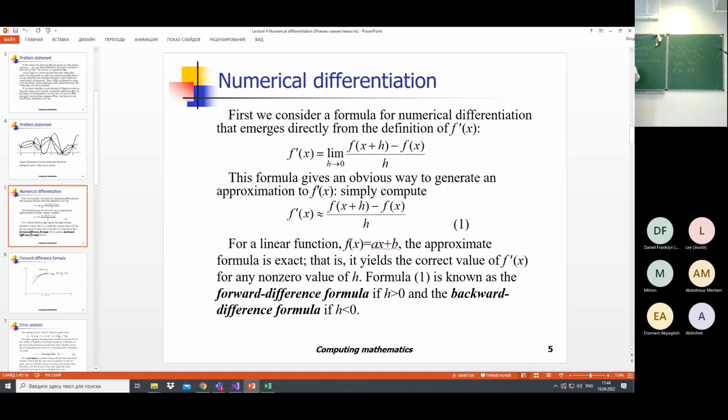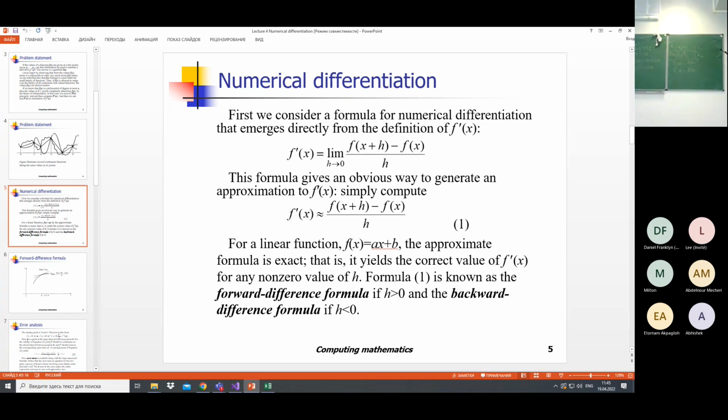f prime of x equals 3.0301. This approximation becomes closer to the real value. If you compute the error, the difference between the real value and the approximation, the error will be 0.0301.